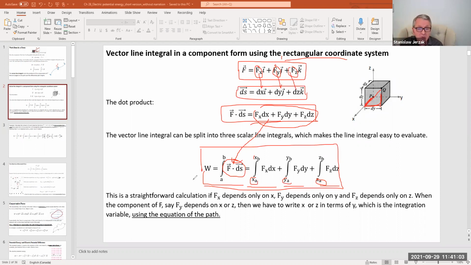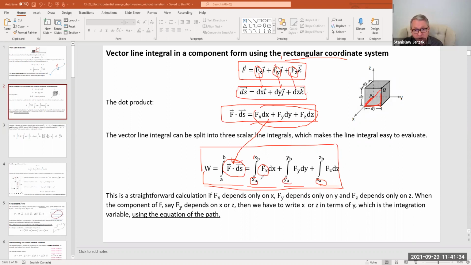So this is the general expression for how to calculate work done by the force. And this is a very simple thing to do if Fx depends only on x, because then instead of Fx, you would have a certain function of x, and you can integrate this. The same, if Fy depends only on y, then you can integrate along y. And the same, if Fz depends only on z, this integral is also easy, right?